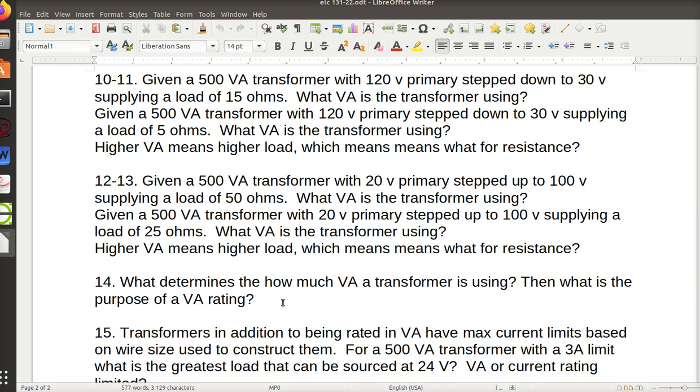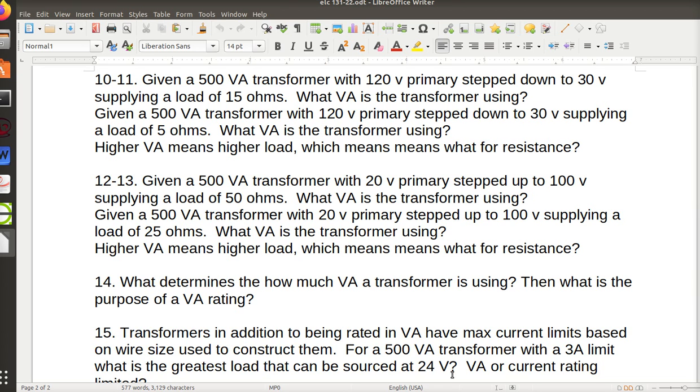And then a more general question: what determines how much VA a transformer is using? Then what is the purpose of the VA rating? So the load is going to determine how much it's actually using. The purpose of the VA rating is the limit to what that transformer can withstand. Okay?